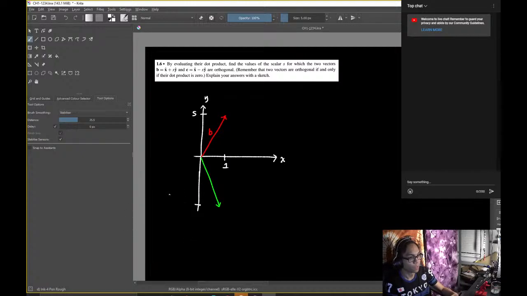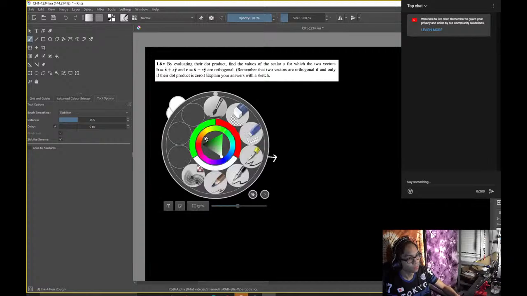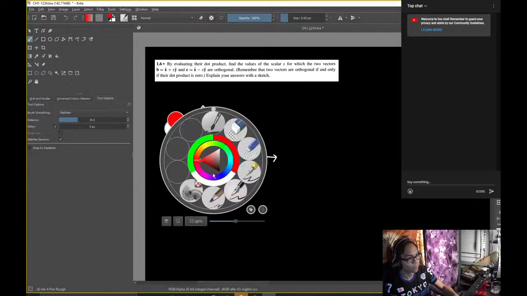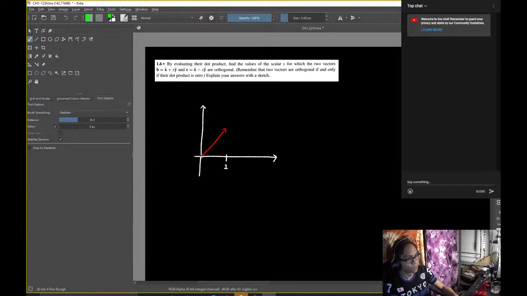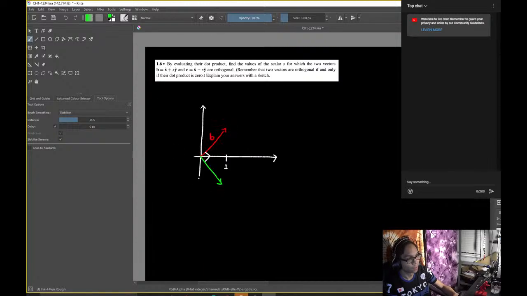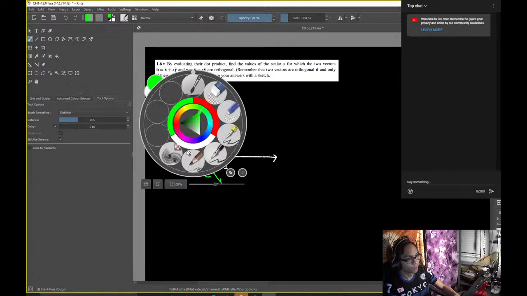So let's make a more accurate illustration. This is 1. Make this B over here, and this C over here. This should be 90 degrees. That's what it means to be orthogonal. Okay, B, C.